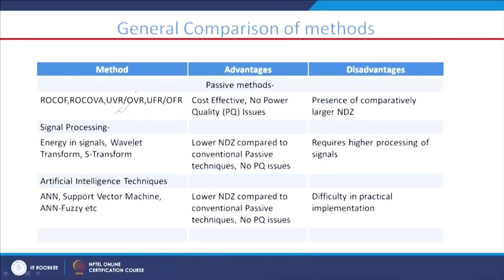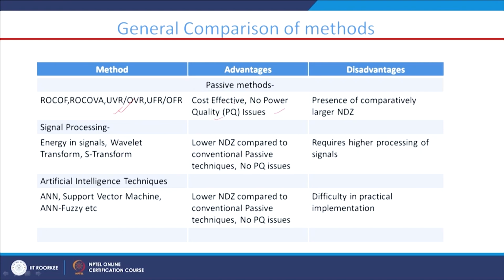Now, let us have a general comparison of all the techniques. We have discussed active islanding detection based techniques, hybrid based techniques, and a little bit about positive feedback based active IDT, and also communication based IDT. Now, these are the passive islanding detection techniques. In the previous class we discussed the major advantages: cost effective and no power quality issue.